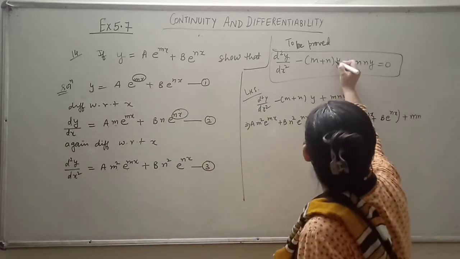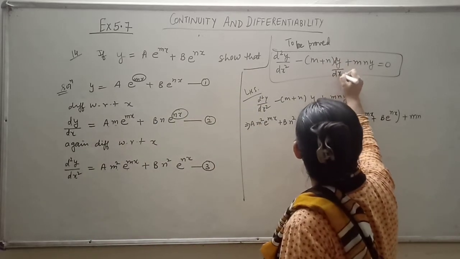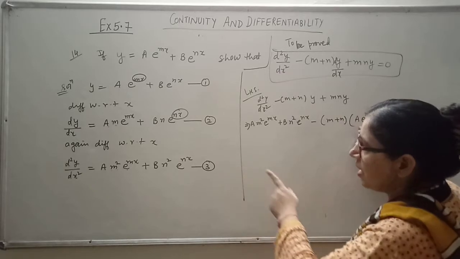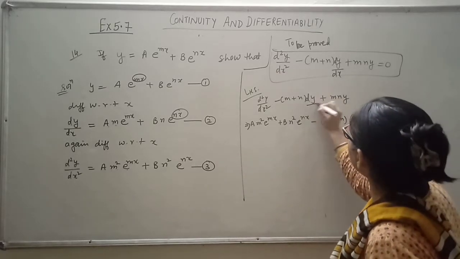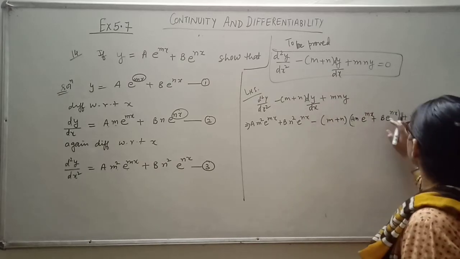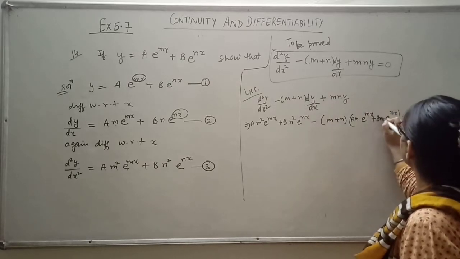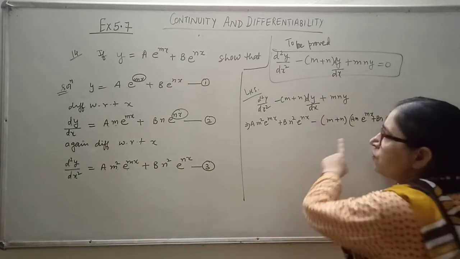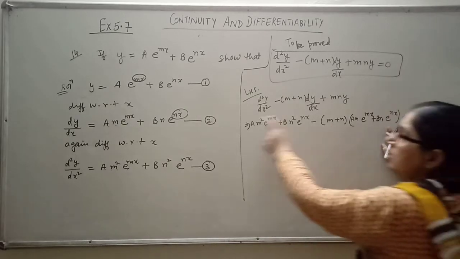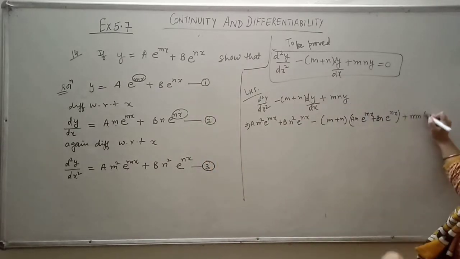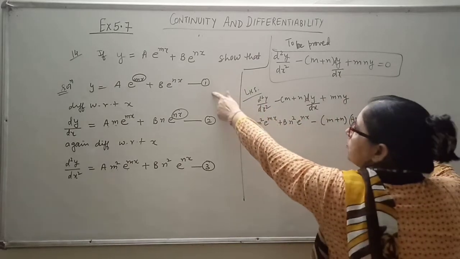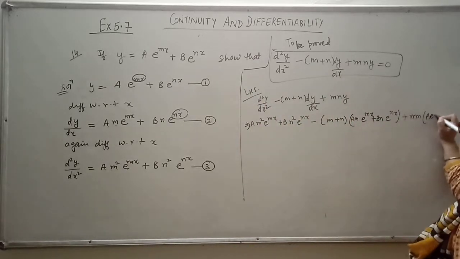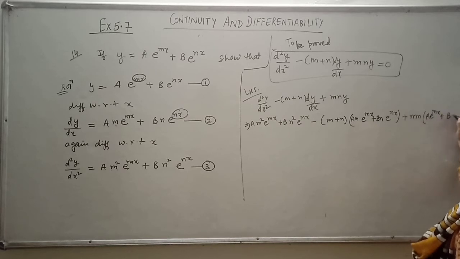Sorry, it is dy by dx in the question. So dy by dx is a m e raised to power mx plus b n e raised to power nx. I am putting the value of dy by dx from 2, and now m n into y. Y is a e raised to power mx plus b e raised to power nx.